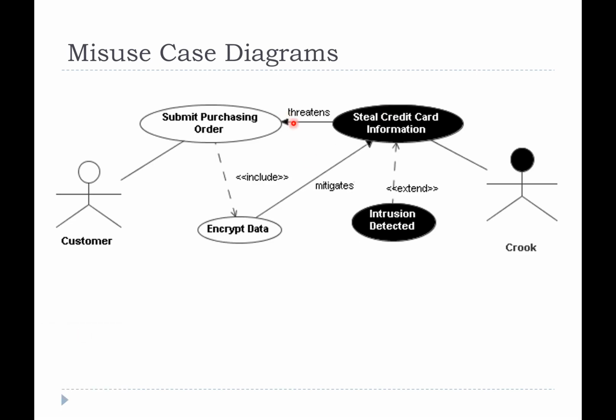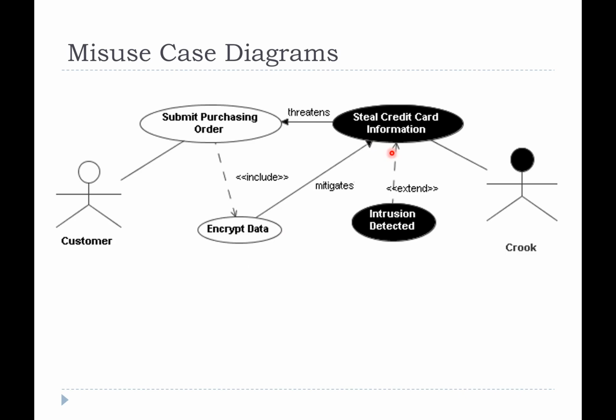What this threatens means is that while this use case is executing, that misuse case can also execute to threaten that use case. And then what you usually see is that the regular use case will call upon a security use case outside, and it's not part of the business. And we do that to mitigate against that misuse case.